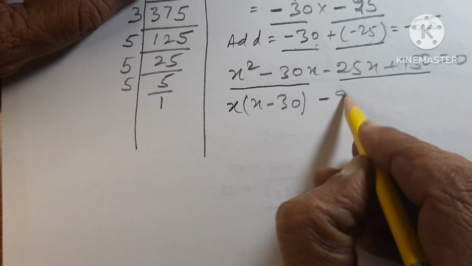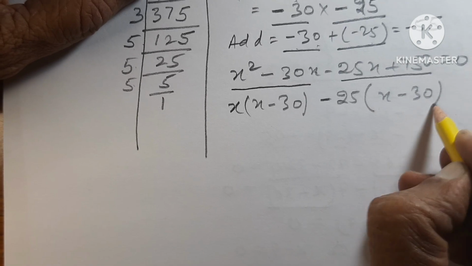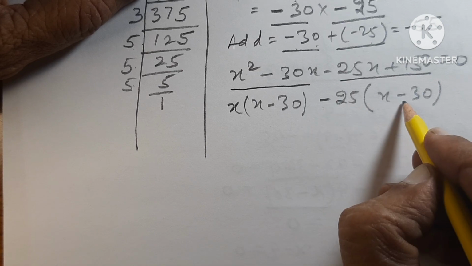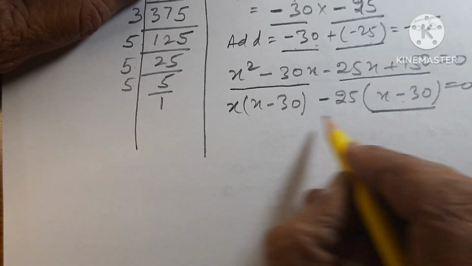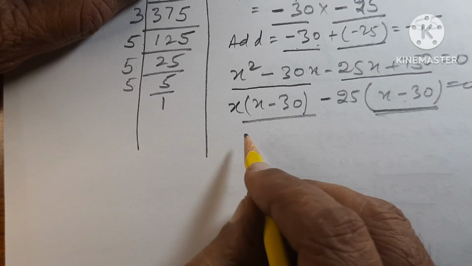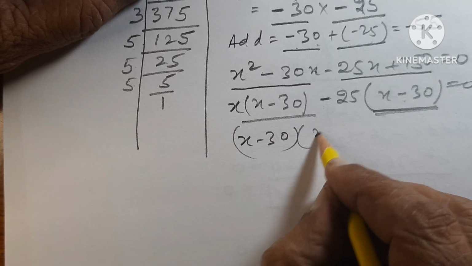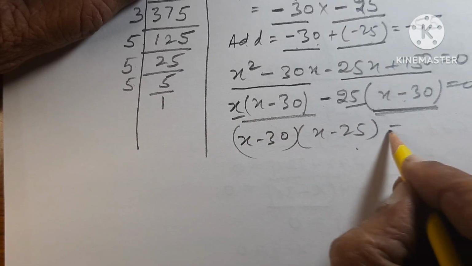Here common is minus 25, and this is x minus 30. It is plus, but I have written minus because minus outside, minus when multiplied becomes plus, is equal to 0. This is the common, so I will take out x minus 30 and in the bracket it will be x minus 25.